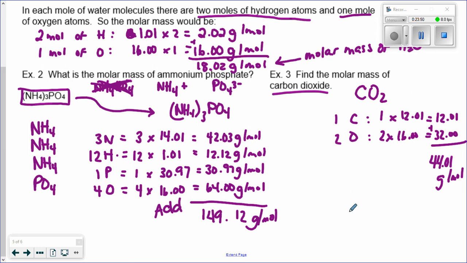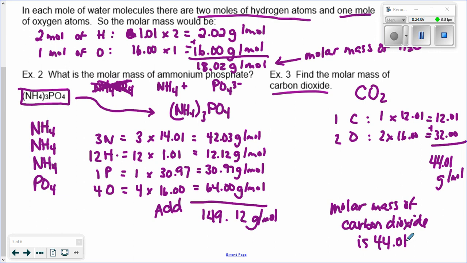So the molar mass of carbon dioxide is 44.01 grams per mole. So you can see it's a little bit of a process, and hopefully you can see your ability to write chemical formulas properly still is very important.